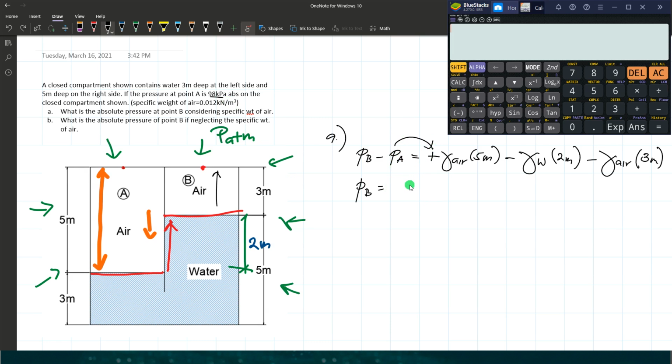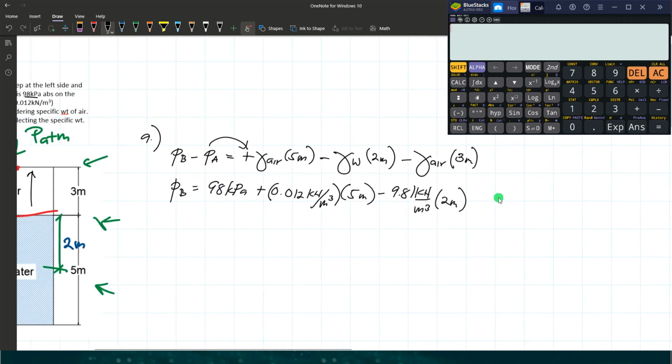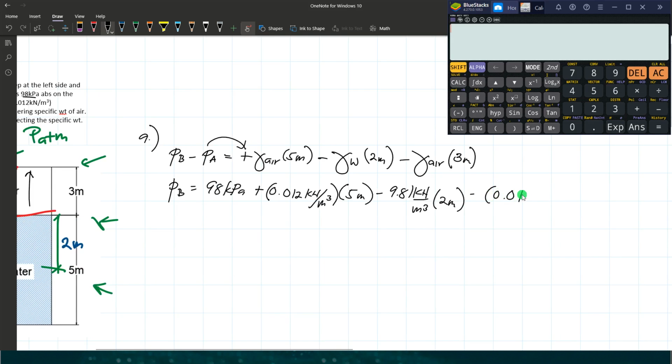Substituting the given: unit weight of air 0.012 kilonewtons per cubic meter times 5 meters, minus 9.81 kilonewtons per cubic meter times 2 meters, minus unit weight of air 0.012 kilonewtons per cubic meter times 3 meters.